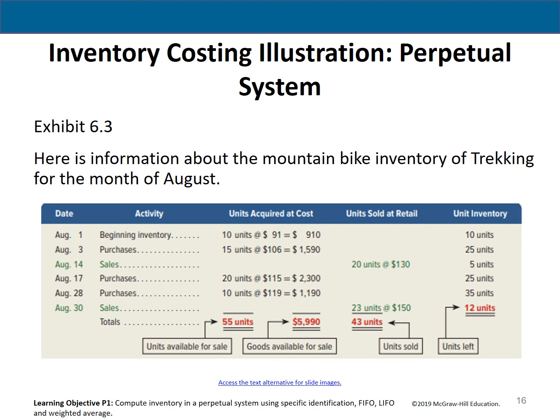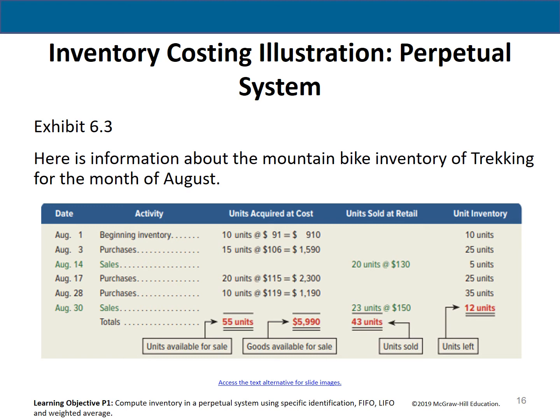Remember, this is what they cost the company, not what they're charging for the bikes. On August 3rd, they purchased 15 more bikes. Now they cost them $106. So they added 15 more bikes, and now they have a total of 25 bikes.